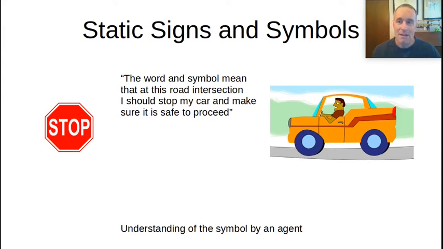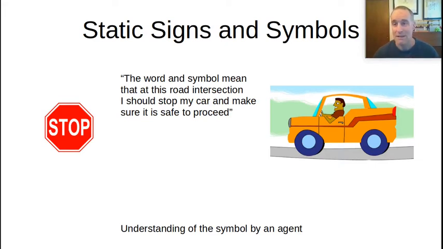So semantics is also quite closely related to semiotics, or a theory of signs and symbols. So let's take a look initially at static signs, so signs that don't change. If I'm a driver and I come to an intersection and I see a stop sign, then I have an interpretation of what that sign means.